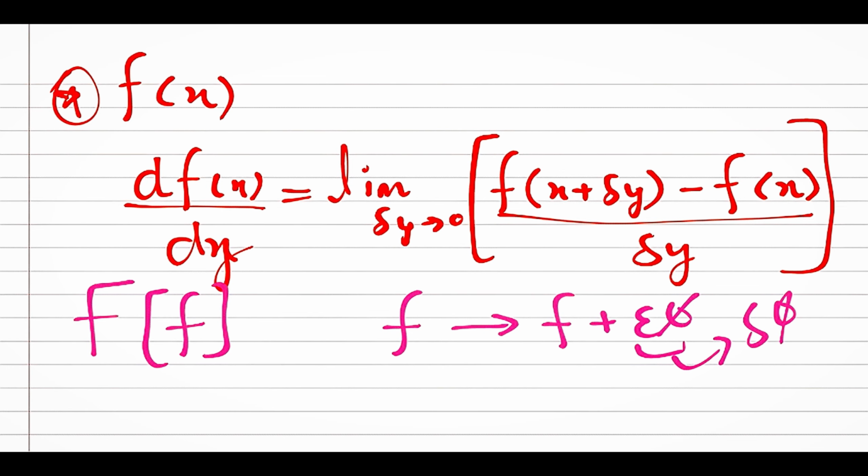Here you can assume that this is a small change in the field that we are adding. We are just expressing it in terms of e, which is a small change. So it's the parameter of perturbation, that is, how much perturbation we are adding. Perturbation is actually this small change that we are making to it.